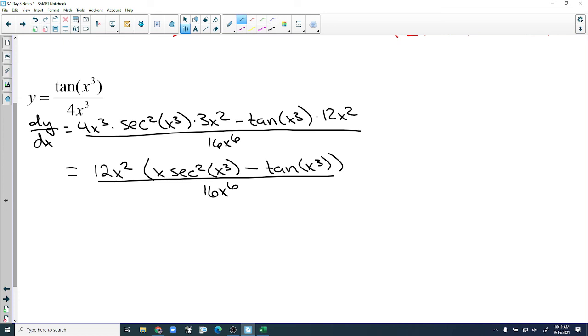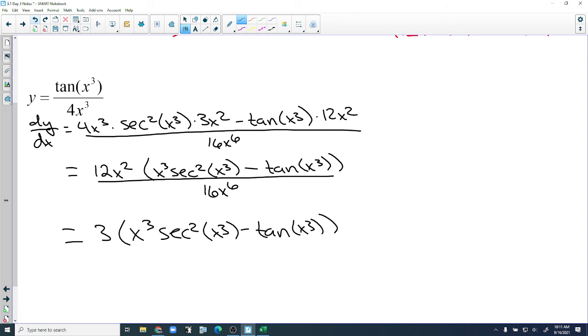I think I messed that up. I only took out the x squared. This should be x to the third. There we go. Twelve over sixteen is 3/4, so 3 x to the third, secant squared of x to the third, over 4x to the fourth.